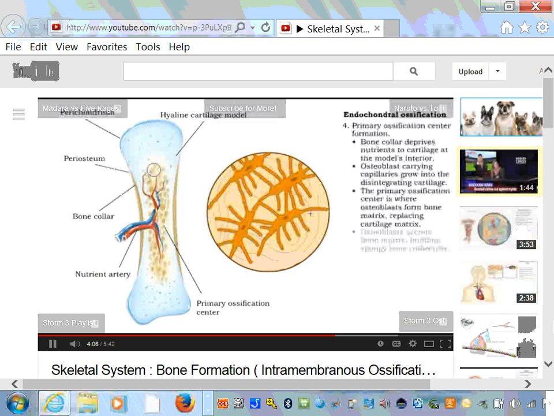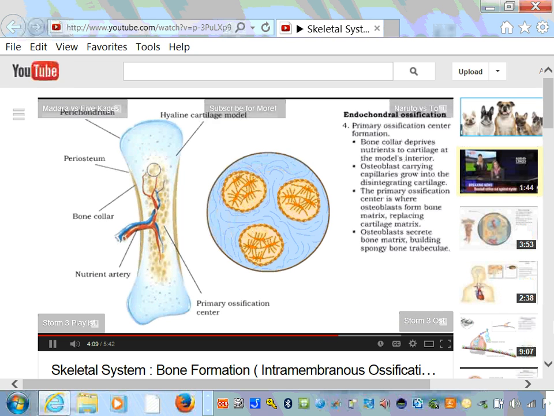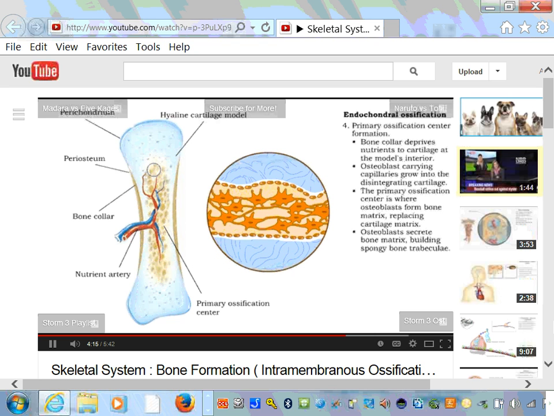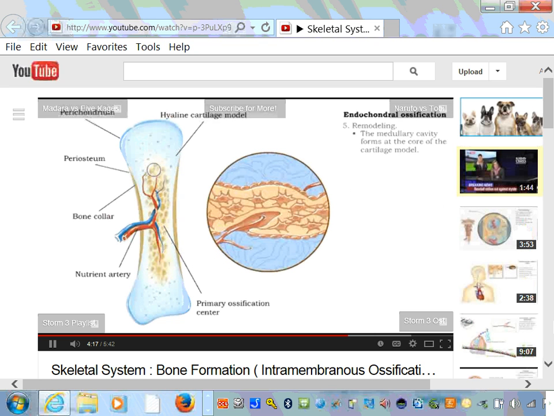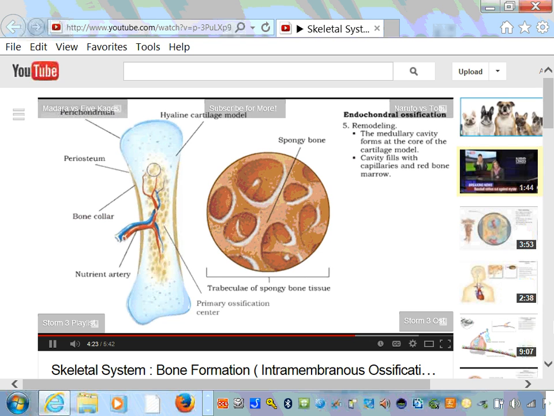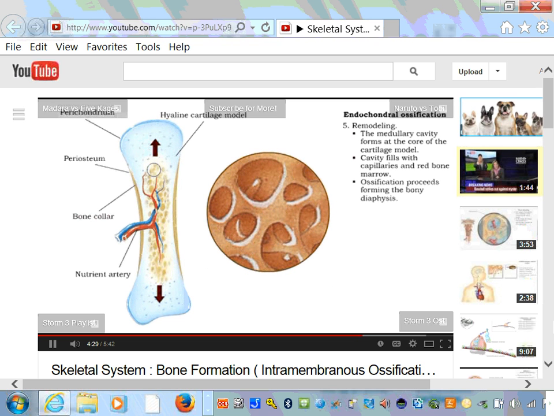Osteoblasts deposit bone matrix, building spongy bone trabeculae. The growing model is gradually remodeled. The cavity fills with capillaries and red bone marrow. Ossification proceeds, forming the main portion of a bone, known as the diaphysis.